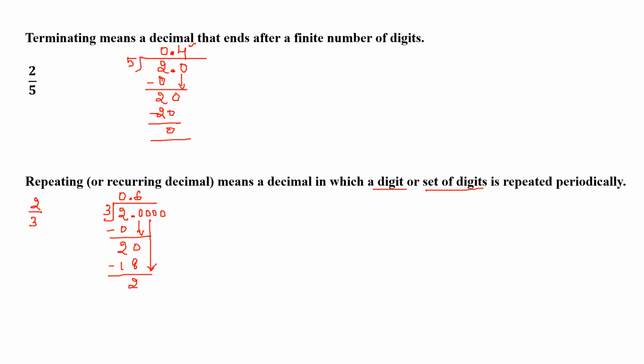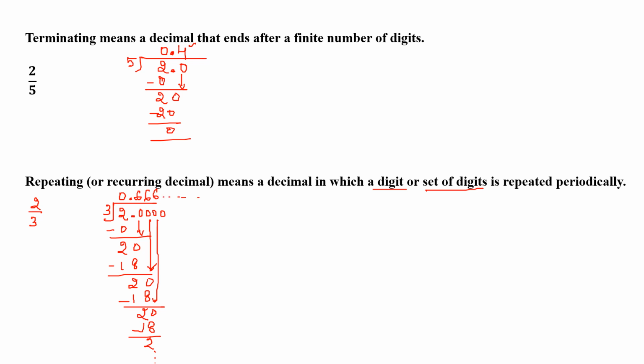Again I am pulling down another 0 here. So again 3 times 6 is 18. Okay. Now again I am going to pull down another 0. Again 3 times 6 is giving me 18. And again the remainder is 2. So what you can see, this 6 keeps on coming, isn't it? If I proceed further, the 6 keeps on coming. It will never terminate.